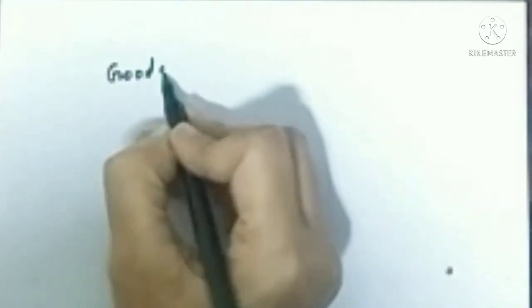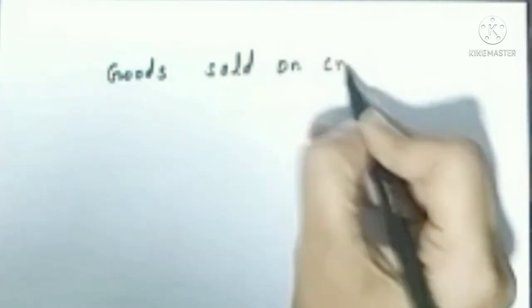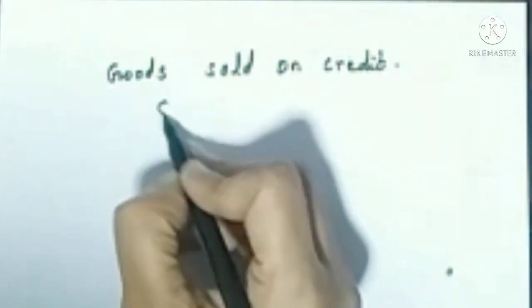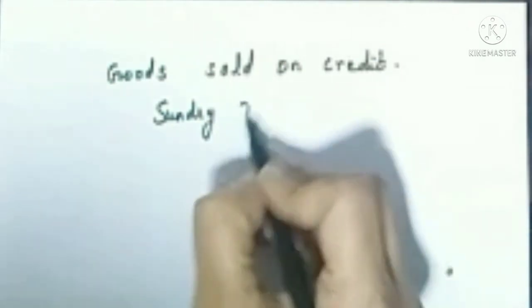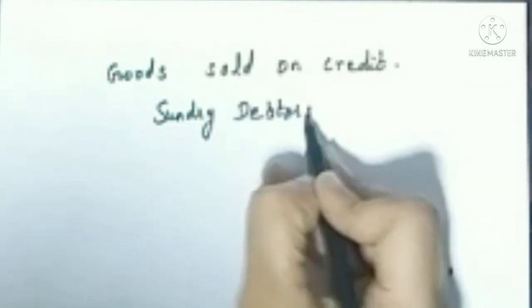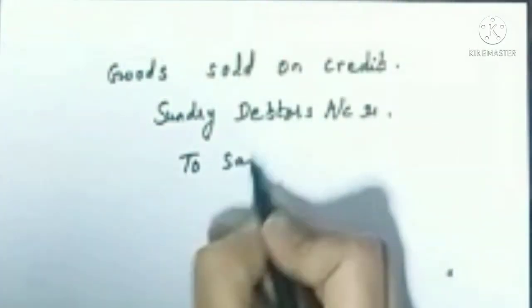When goods are sold on credit, the person who receives the goods becomes the debtor to us because he owes us money, he is not going to pay cash immediately. So what is the entry for goods sold on credit? Sundry debtors account debtor to sales account.